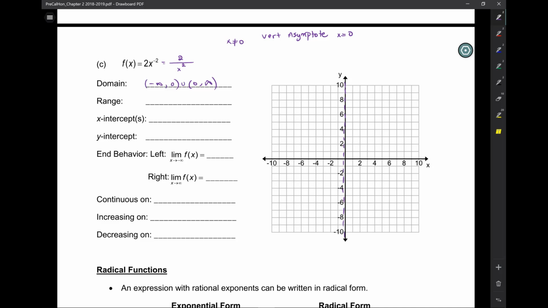Because it can't be 0, y can't be 0, there is also a horizontal asymptote, right, at y equals 0. So y can't equal 0. All right, so now we know that it's going to have to follow the asymptote on the horizontal axis and the vertical axis.